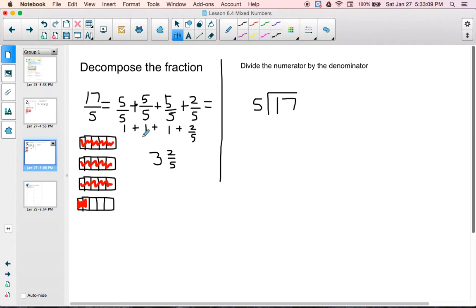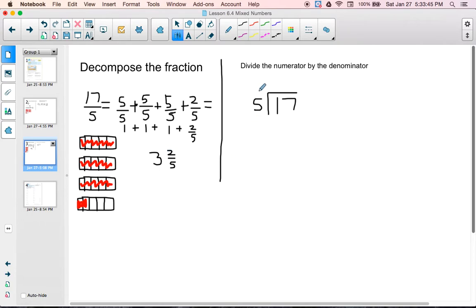So 1 plus 1 plus 1 plus 2/5 is 3 and 2/5. So here's the 17/5, 1, 2, 3, up to 17. That represents 17/5. And you can see the 3 wholes, 1, 2, 3, and 2/5. So you can change a fraction greater than 1 into a mixed number.